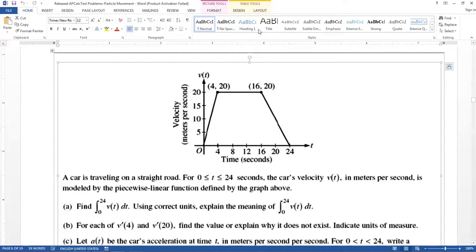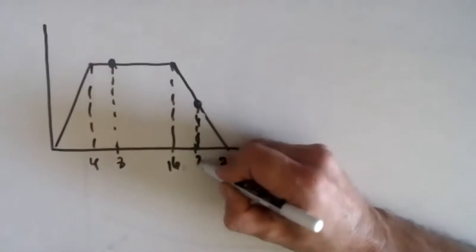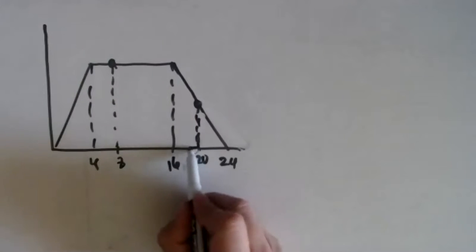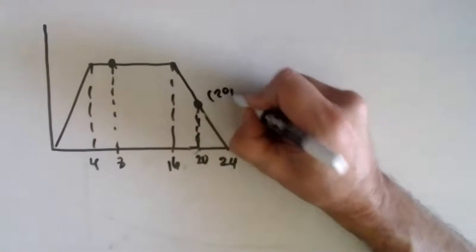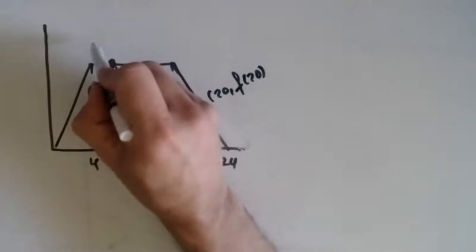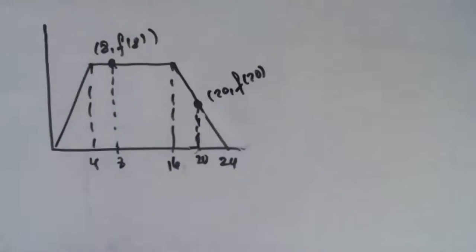So this is pretty much the graph, okay? This is 20 right here, correct? What point is this one? f of 20. This is 8, f of 8, correct?